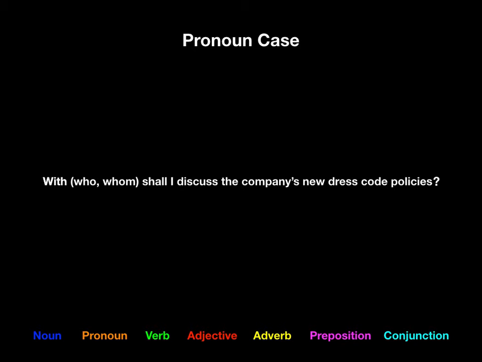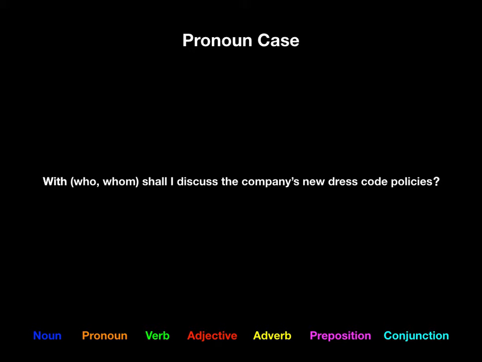With whom shall I discuss the company's new dress code policies? Take a few seconds and try to identify the correct pronoun within this sentence. You'll see that this sentence is a question, and when we have questions, we will look for the words to or with before our choice.